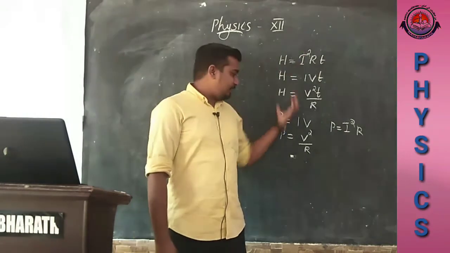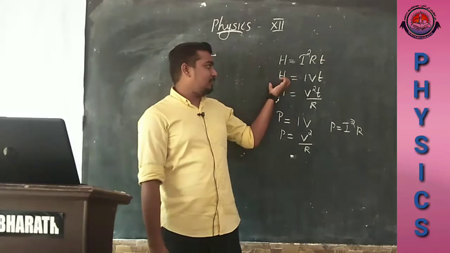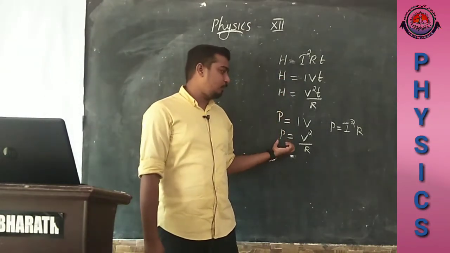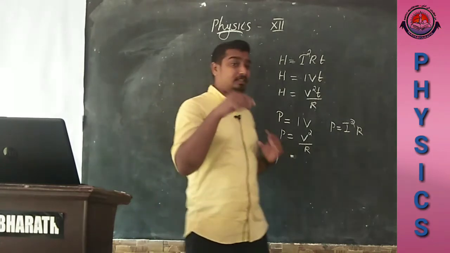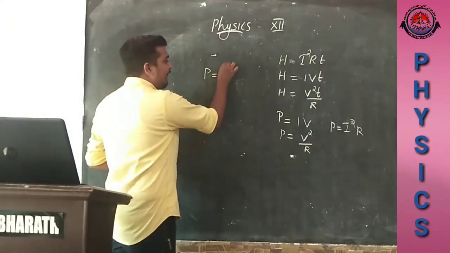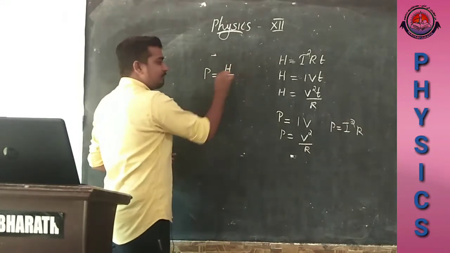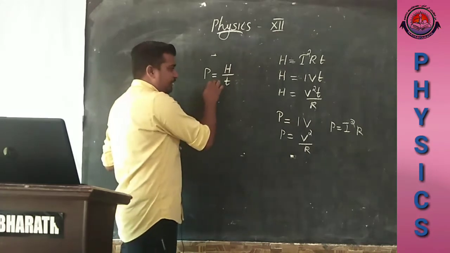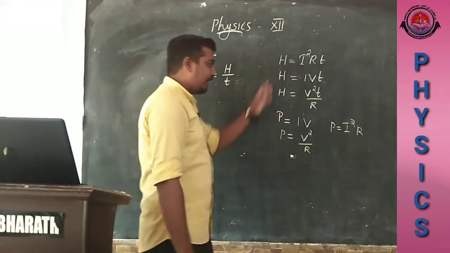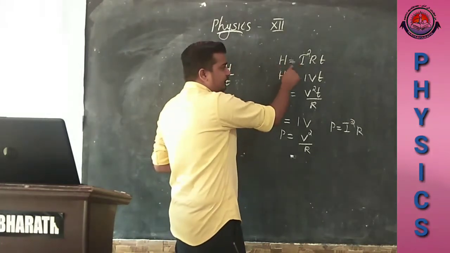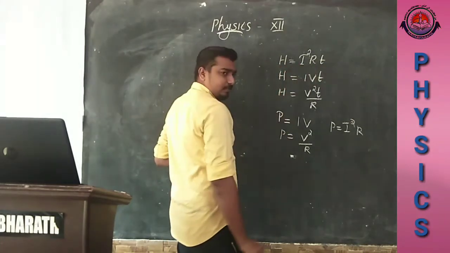Comparing the equations for heat energy and the equations for power, we get another relation, that is P equal to H by T. For example, here H is equal to I square RT.